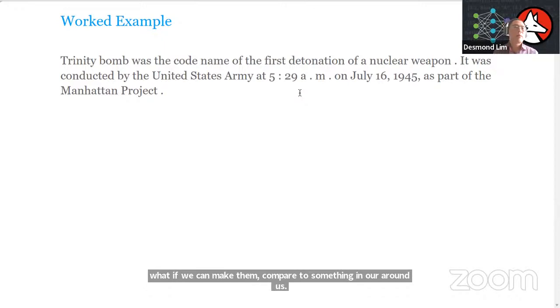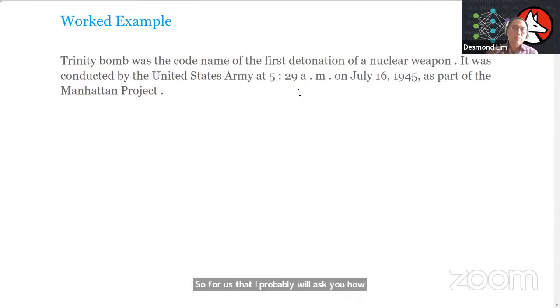For instance, I will ask, how many McDonald's Big Mac burgers have to be consumed to generate the same amount of energy as the output of the Trinity bomb? Students have to think about how these two energy units can be put side by side.